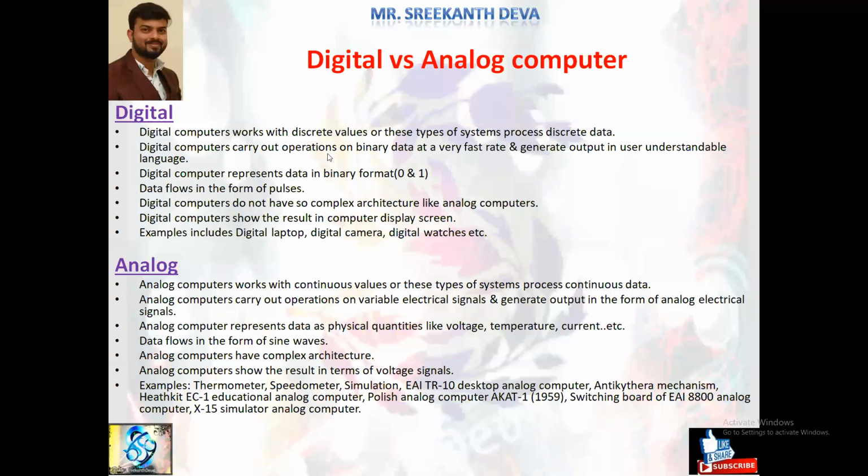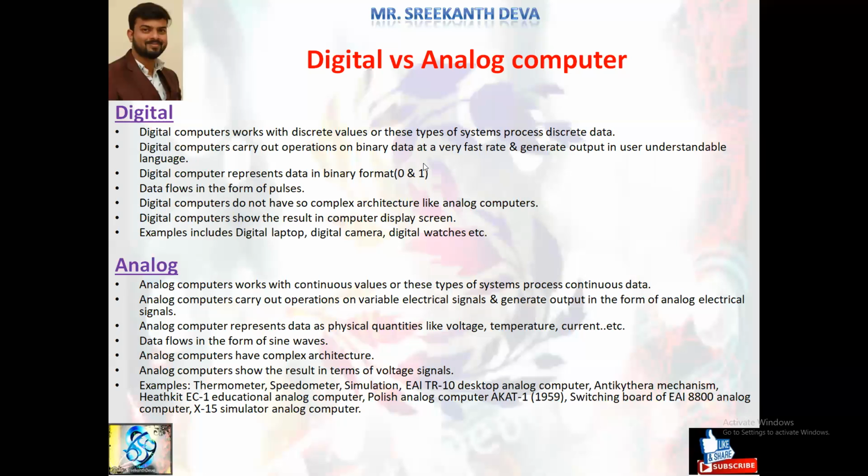Digital computers carry out operations on binary data at a very fast rate, and generate output in user understandable language. Even though digital computers understand only low level language, binary language, zeros and ones, due to the layers of compilers, interpreters, and assemblers, we can give instructions in high level language to the computer.